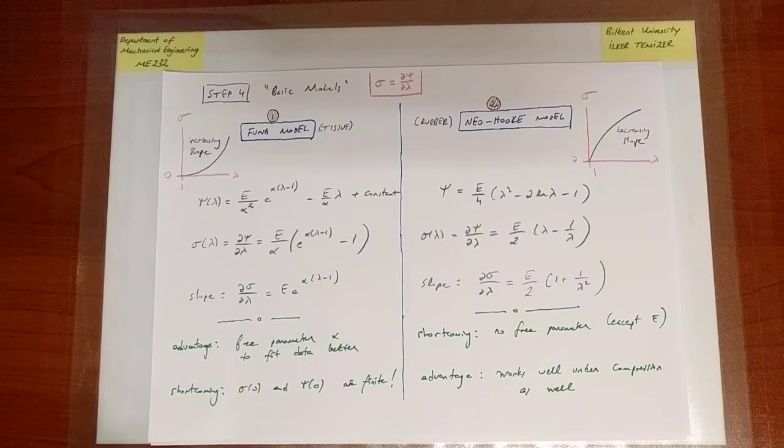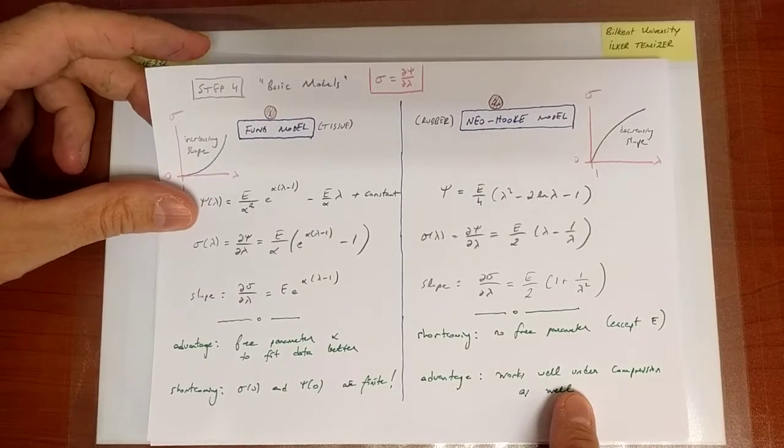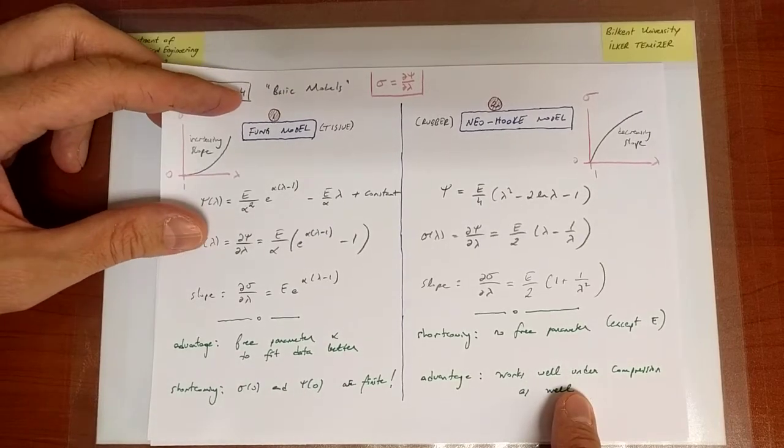Now we've introduced two models, and what we said is that perhaps we can combine the strengths of these models to build new models that are going to help us in modeling nonlinear elasticity at higher quality, let's say.